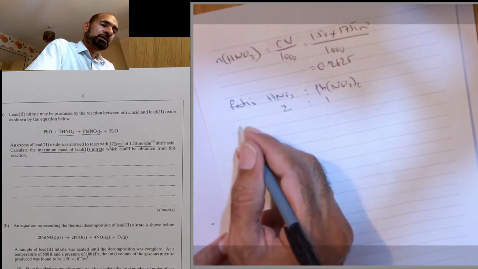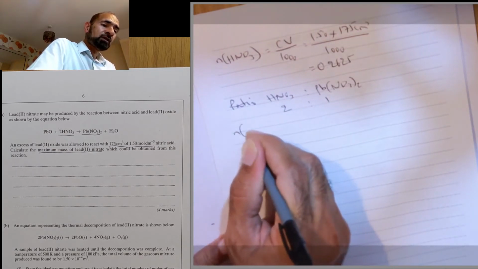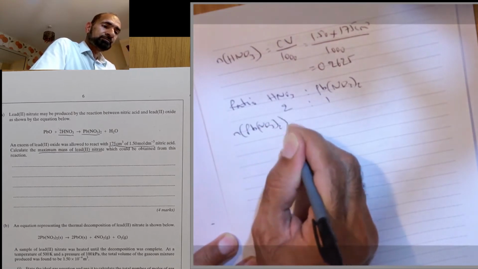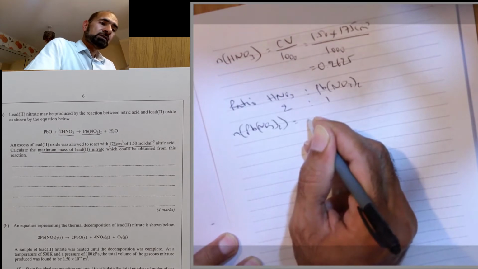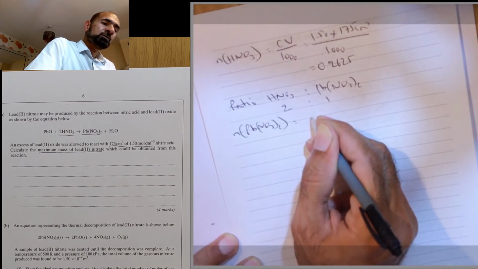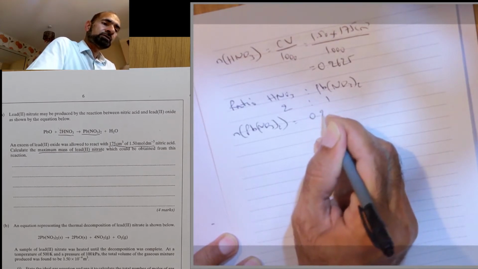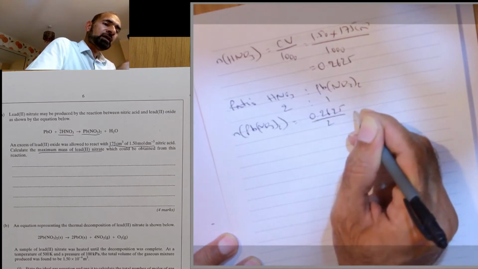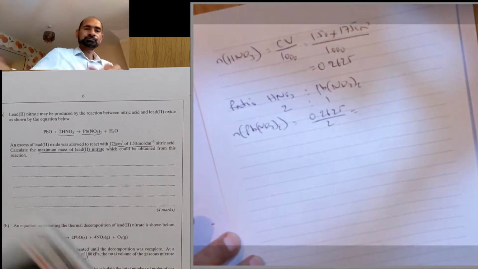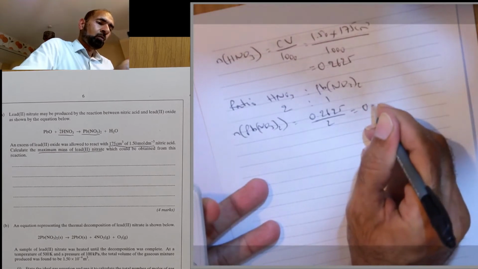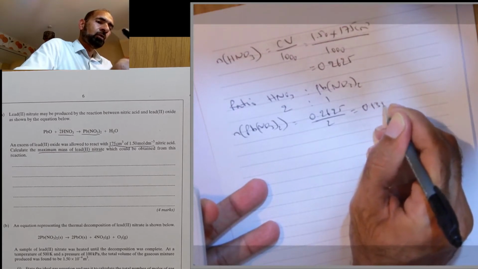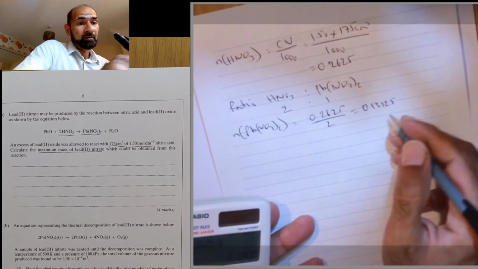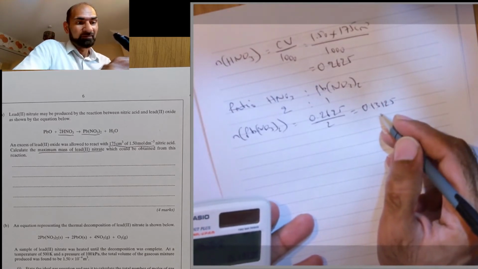So moles of lead nitrate equals 0.2625 divided by 2, and that gives you 0.13125.